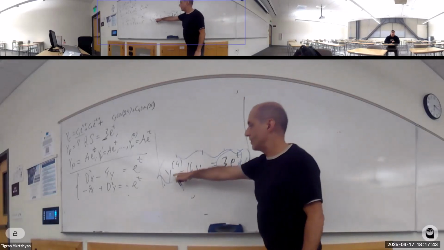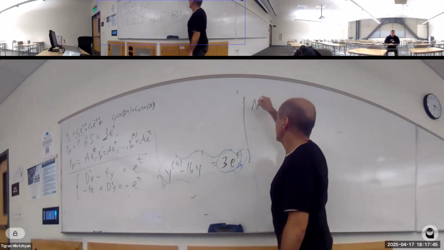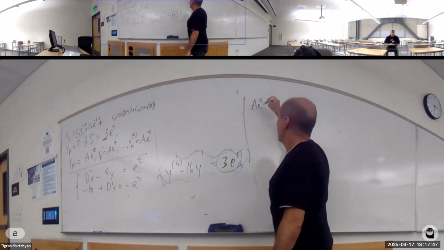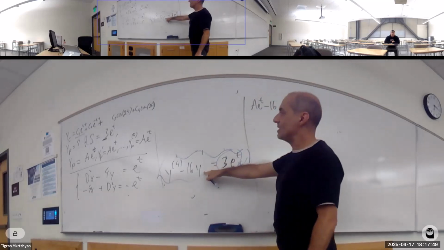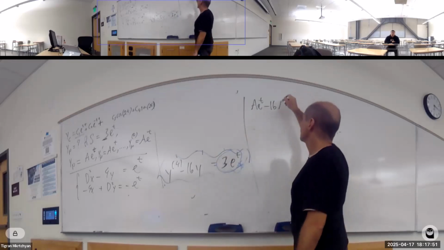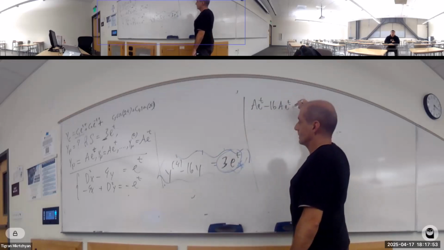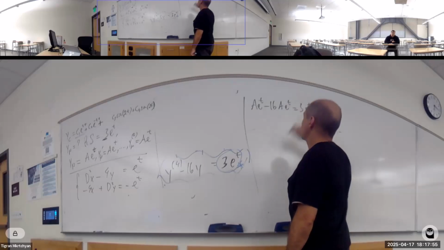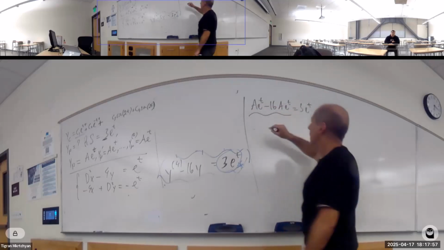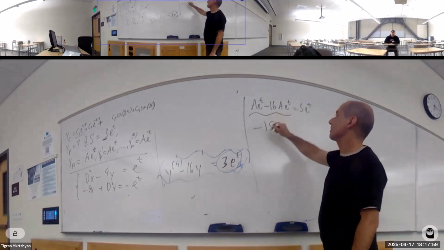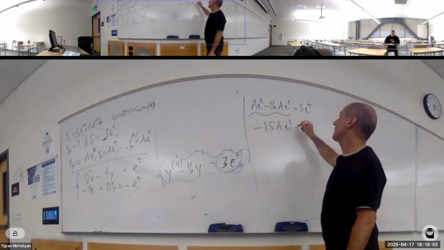So we have the fourth derivative, which is this, minus y, the same, equals this. That will become what? This.